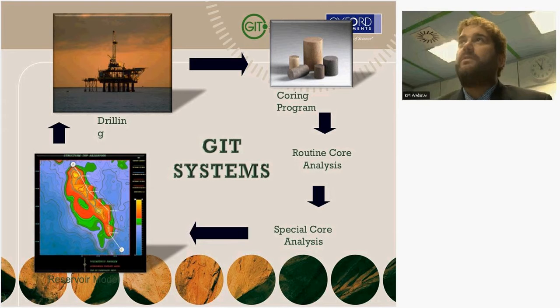The whole goal, of course, is to find oil and gas, but then to characterize the reservoir so we can predict production and know the reservoir size. I see this as a cyclical program during the life of a reservoir. Some of you will be familiar with this, but core analysis fits here, defining the reservoir simulators or reservoir models. So NMR would fit in this portion of the cycle.